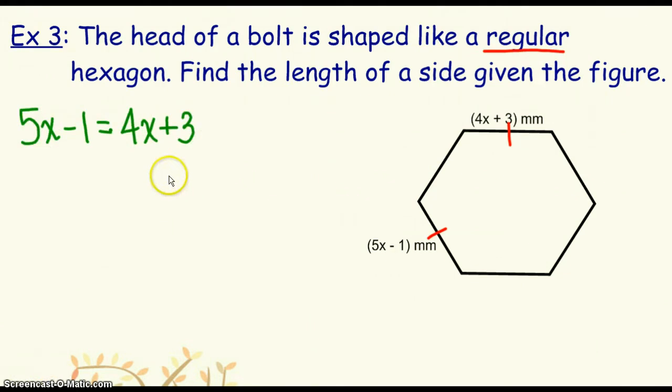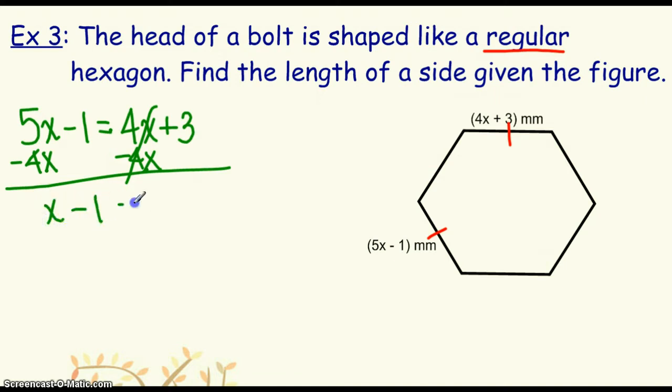All right, so let's finish solving our problem by getting the x's on one side. So I'm going to bring 4x to the other side by subtracting 4x. Can cross those off. 5x minus 4x is 1x. So I have x minus 1 equals 3. I need to get x by itself, so I'm going to do the opposite of subtracting 1 by adding 1 to both sides. So x equals 4. My question was asking me to find the length of a side.